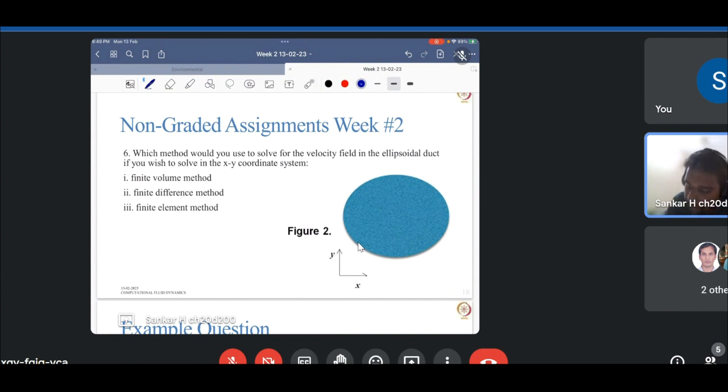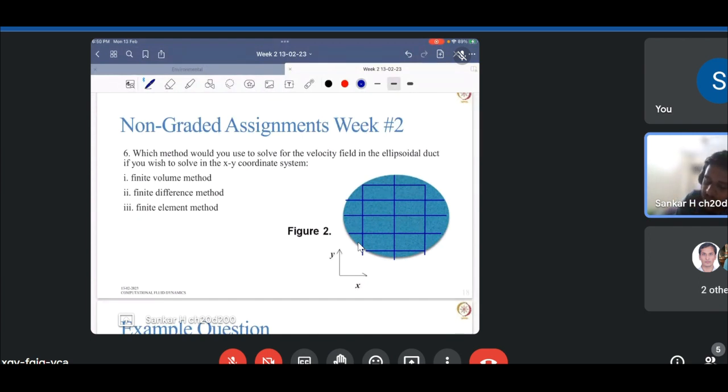Okay, moving on. Suppose we need to find the velocity field in the ellipsoidal duct and we want to solve in the xy coordinate system. Which method would we use to solve for this velocity field? Basically, we discretize this domain in the xy coordinate system, and we solve for the velocities in each of these segments rather than the points here.